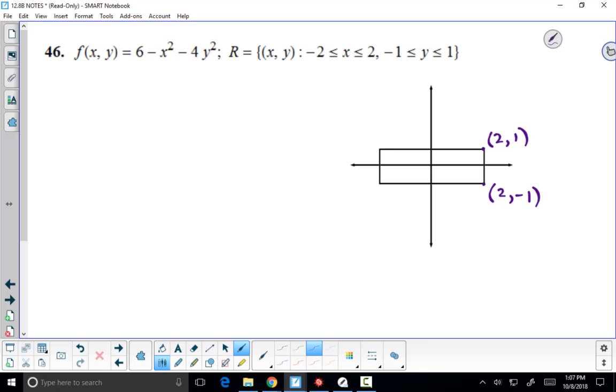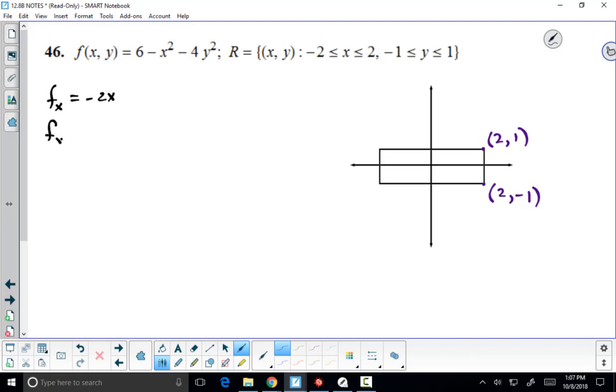So first, we're going to look on the inside. The interior points here, not the boundary, we can use the second partials test. That's what the second partials test is all about, it's for the interior of a domain. So to use the second partials test, we figure out all these partial derivatives. F sub x is -2x.